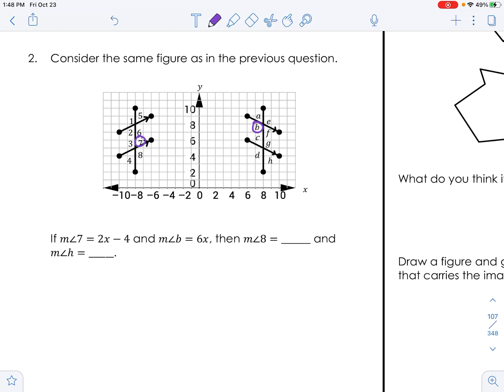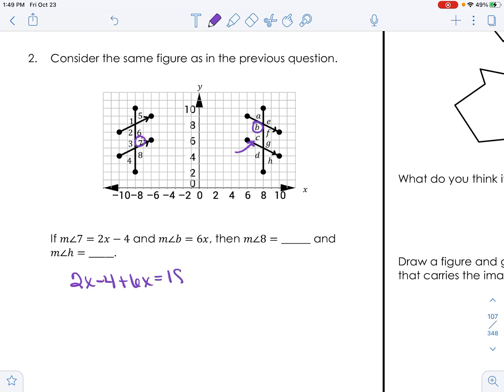So as I'm looking at these, the measure of angle 7 and the measure of angle B. So let's look at angle 7 and angle B. They are actually going to be congruent or supplementary. Well, 7, if I were to look at my reflection, is going to map onto C. And angle B and angle C are same side interior, so they are supplementary.